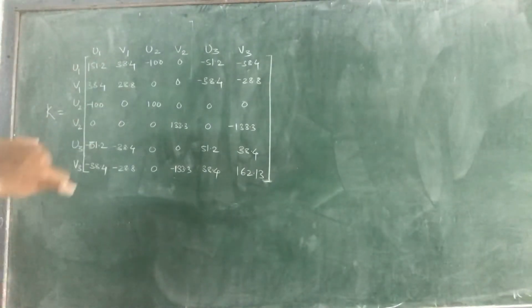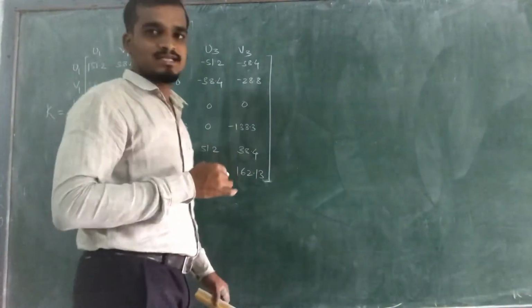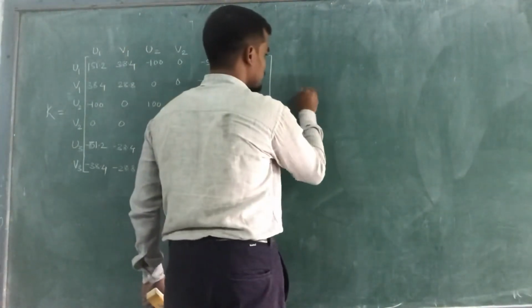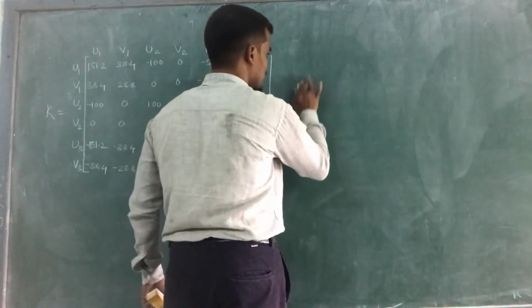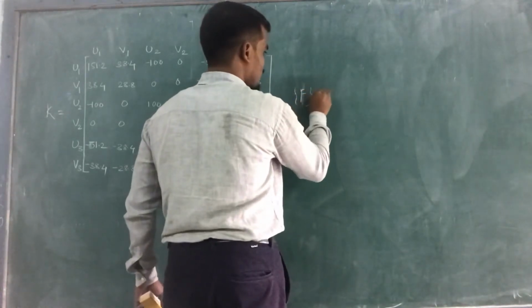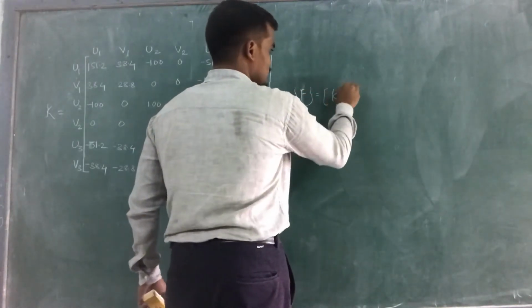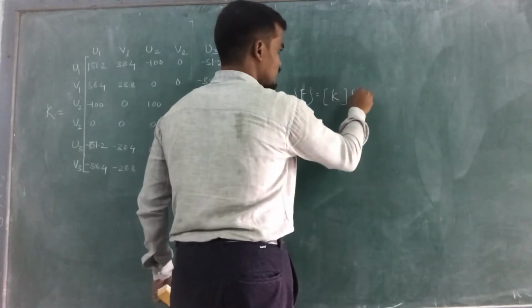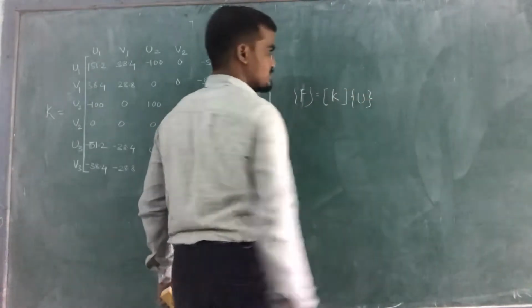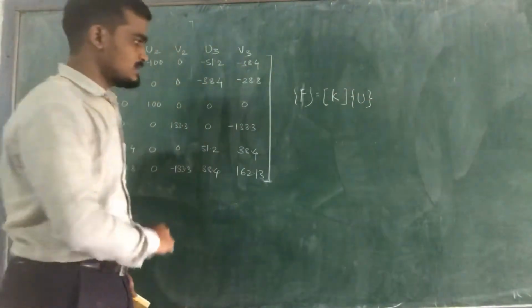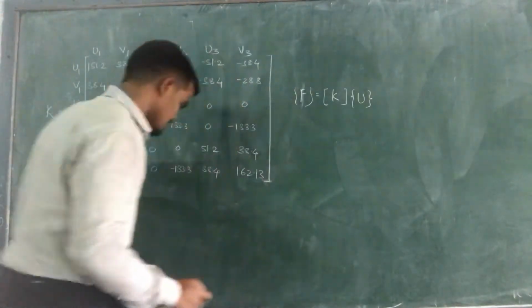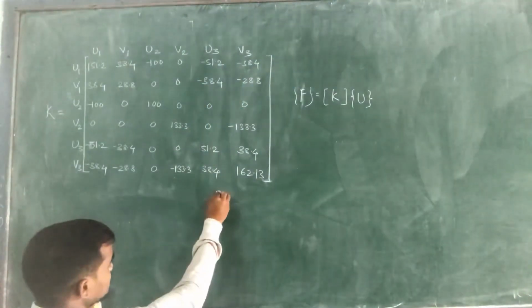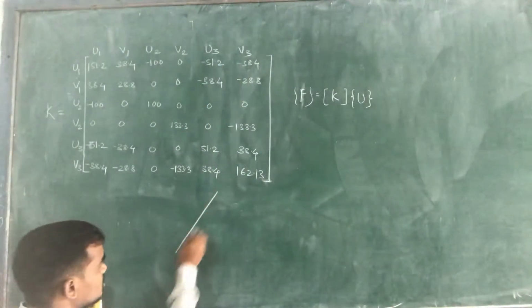Next step is to write down the displacement and force relationship. So we know that the displacement and force relationship is written as F is equal to this global stiffness matrix into your global displacement vector. This is the problem statement.